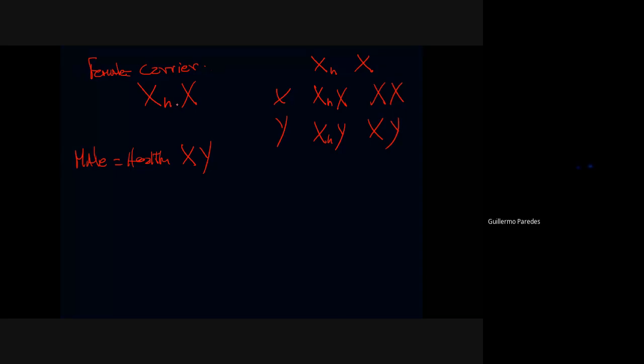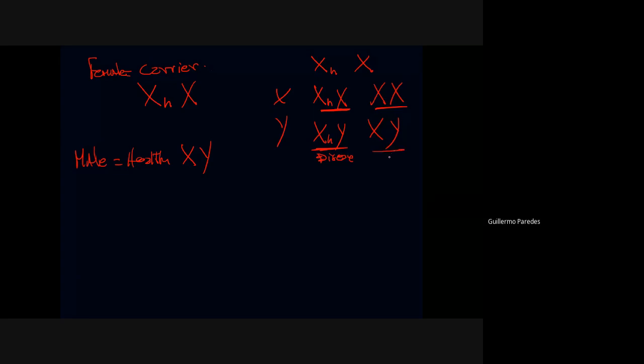Your husband has no problem, he's normal. So how many kids are going to have hemophilia? Here we have a carrier. A carrier does not show disease. This one is totally normal. This one is actually hemophilic because it is XHY. The Y cannot compensate, so they show the disease.